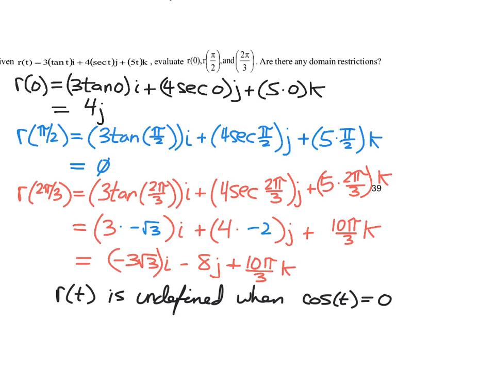So the restrictions would be t cannot be equal to pi over 2 plus pi k, where k belongs to the set of integers. So any multiple of pi units away from pi over 2. Right? Because that'll put you on the y-axis. Equals or not equals? Say again? Equals or not? Oh, not equals.